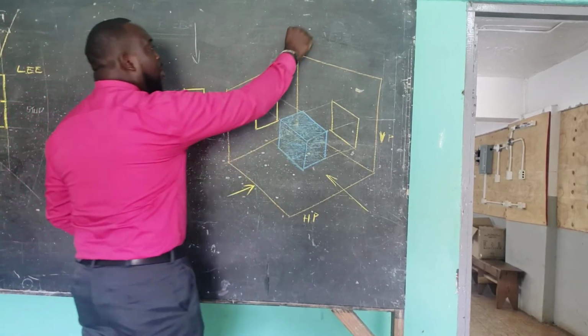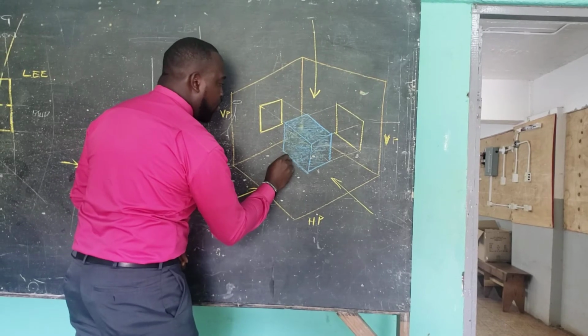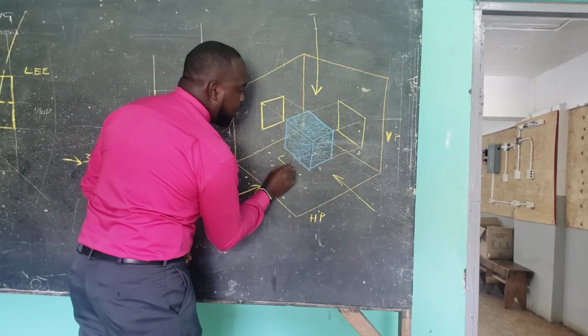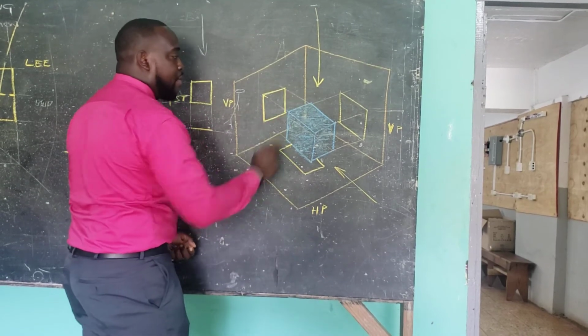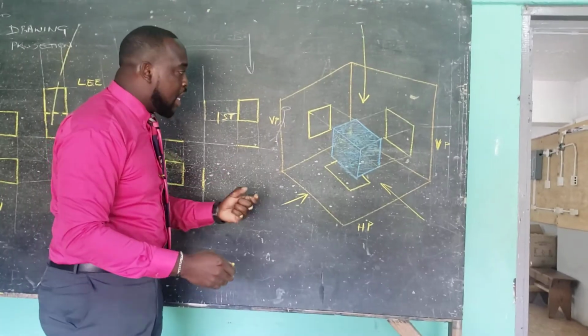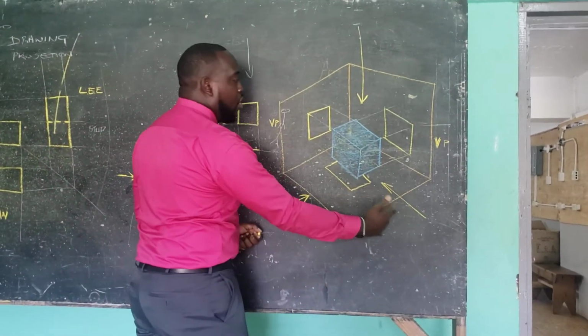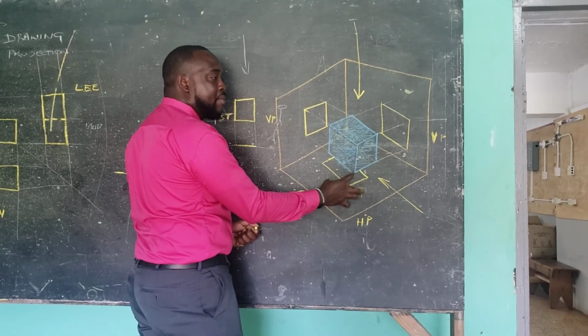And if you should view from above, looking down, you're supposed to be seeing an image similar to that of the top that you're seeing there. And that is it. So in first angle, we have our front elevation being projected above the plan.